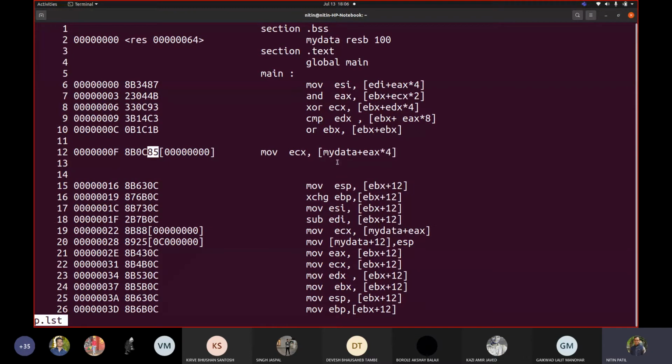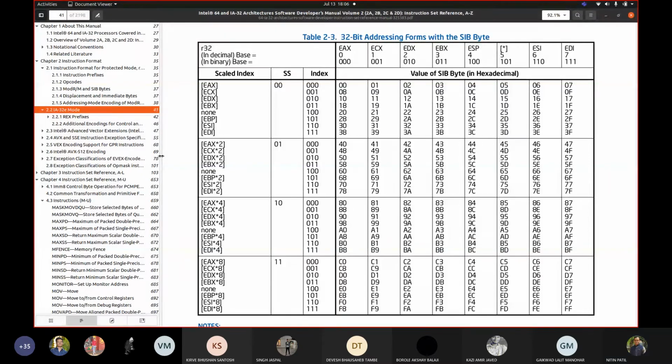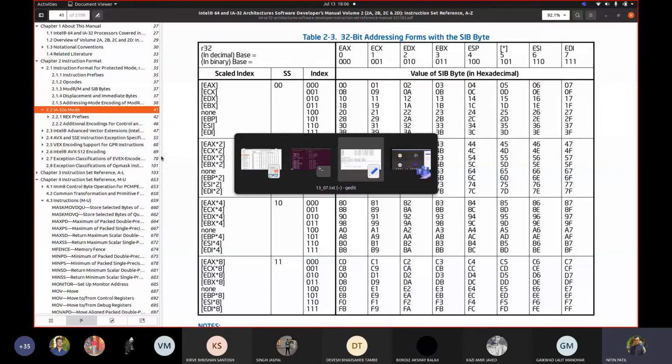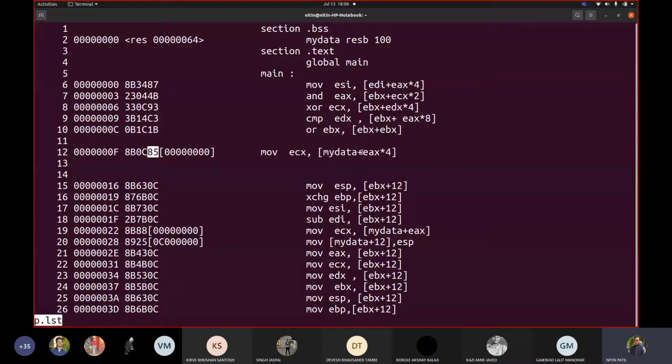For my data it gave 0.0. Correct, 8.5. So if I look in this table, where is 8.5? Because we said multiply by 4. In the code we said multiply by 4, so it should be the row for EAX multiplied by 4.